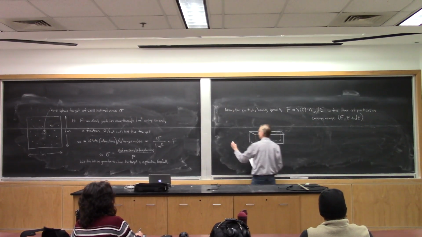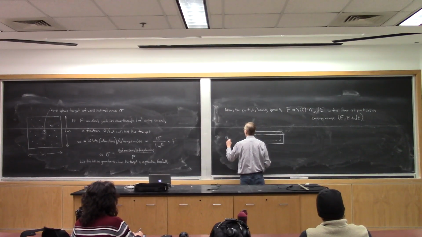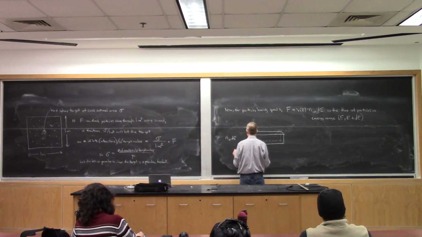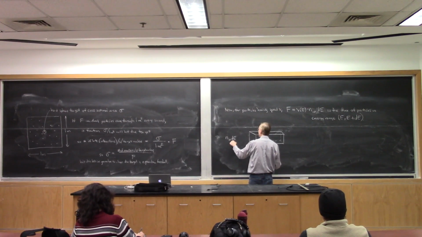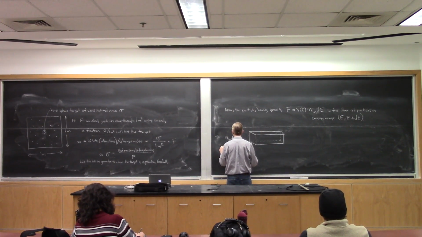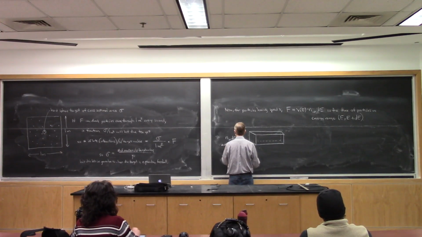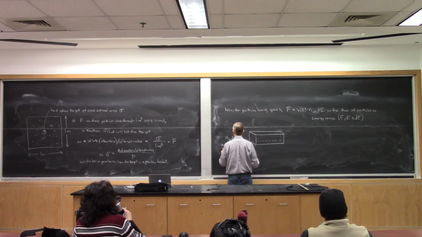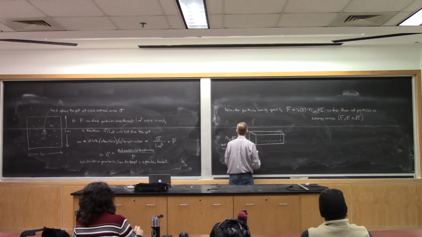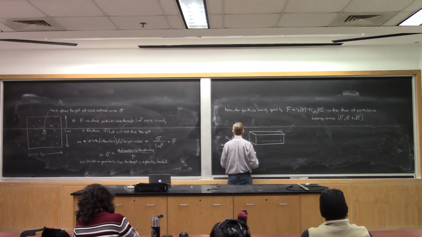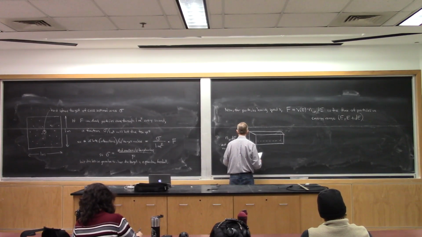So, N sub I of E dE is the number of incident nuclei per cubic meter in the range of energies from E to E plus dE.